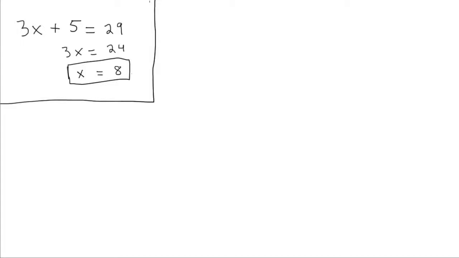The next example is a little bit more complicated. We're going to look at a quadratic equation. Okay, so a quadratic is something of the form ax squared plus bx plus c. And if this is equal to 0, we call it a quadratic equation.